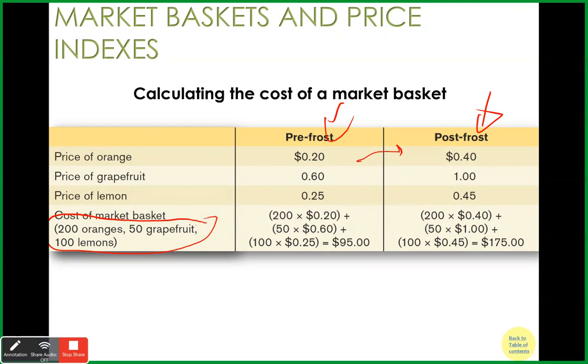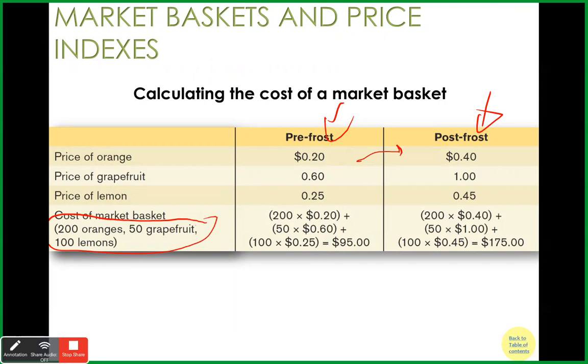Look at pre-frost and post-frost. This is the outcome, so what usually caused that? The frost, right? Frost is the cause. I appreciate your effort. So frost is the cause. Why? It's because of the supply decrease. There's not much fresh fruit after frost comes. Simple, right? Use your common sense.